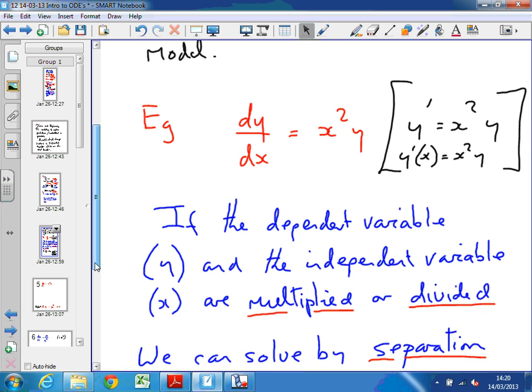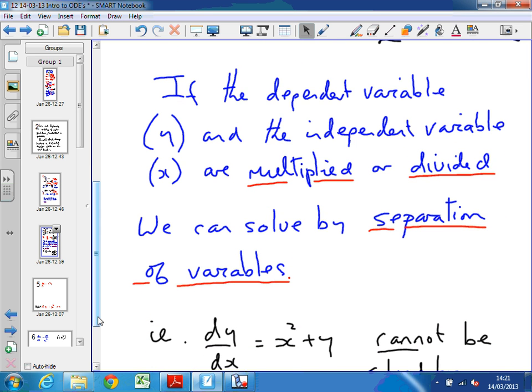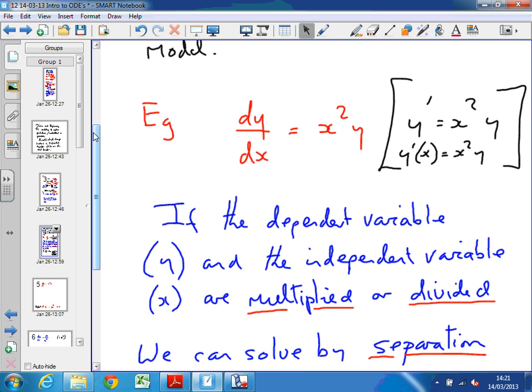Okay? So if the dependent variable y and the independent variable x are multiplied or divided, we can solve by the technique called separation of variables. So if you see something like this example here, you're going to use a method of separation of variables.